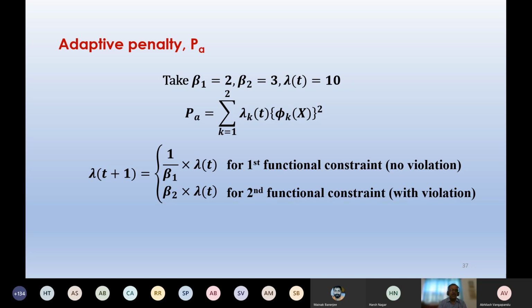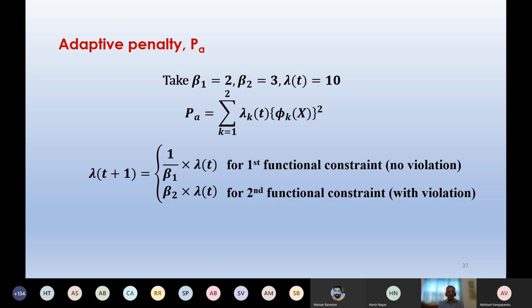And as you know, the adaptive penalty, that is PA, equals to summation k equals to 1 to 2 lambda kt phi k x square. Phi k x is the amount of violation. Now here lambda t plus 1 I'm going to calculate for the first functional constraint where there is no violation.